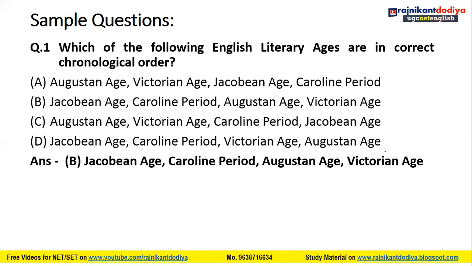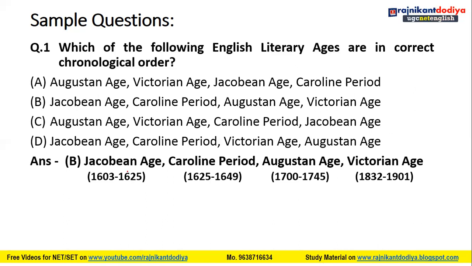Because Jacobean age began in 1603 and ended in 1625. And Caroline age began in 1625 and ended in 1649.